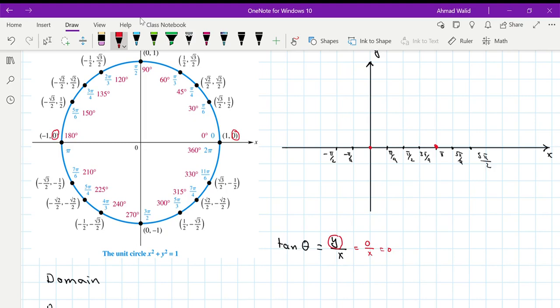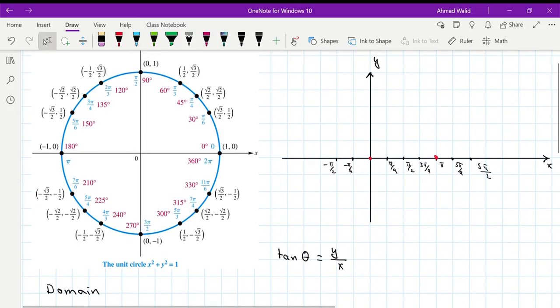Now, tangent has zeros at 0 and pi. Also, let's look for this relation. After we find our zeros, now we are looking where x is 0. If you see your unit circle at pi over 2, x is 0.